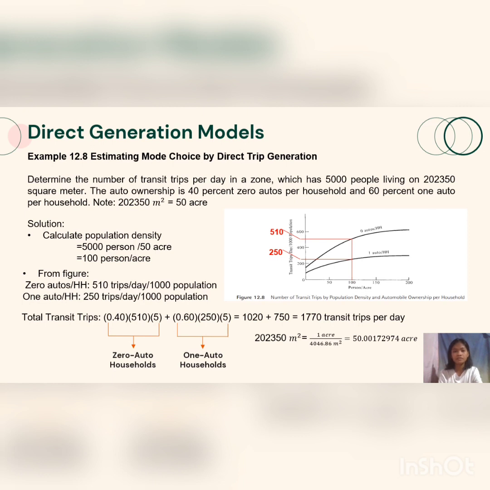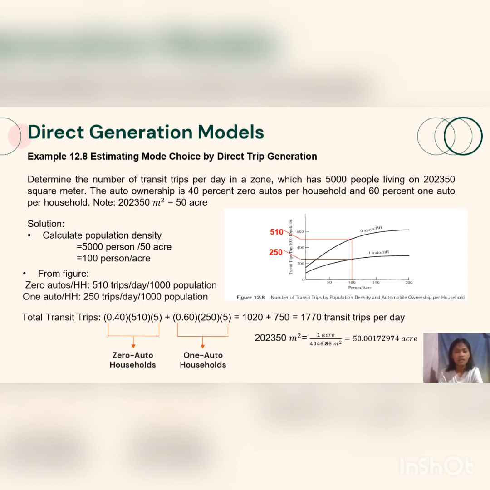Estimating mode choice by direct trip generation. Determine the number of transit trips per day in a zone which has 5,000 people living on 202,350 square meters. The auto ownership is 40% zero autos per household and 60% one auto per household. Solution: calculate population density. 5,000 persons over 50 acres equals 100 persons per acre.